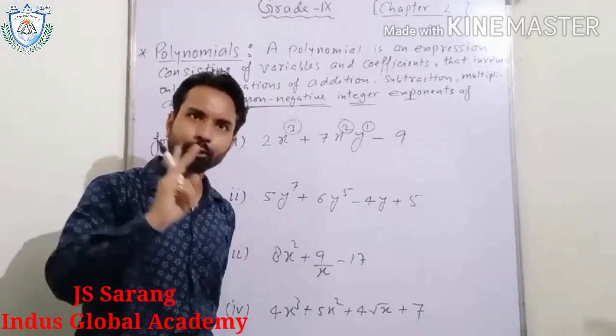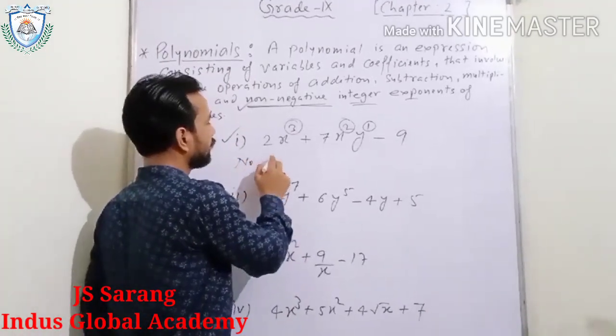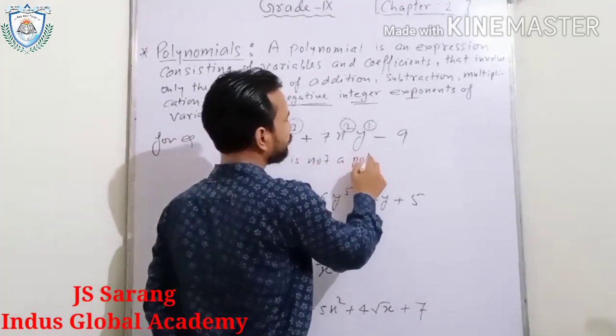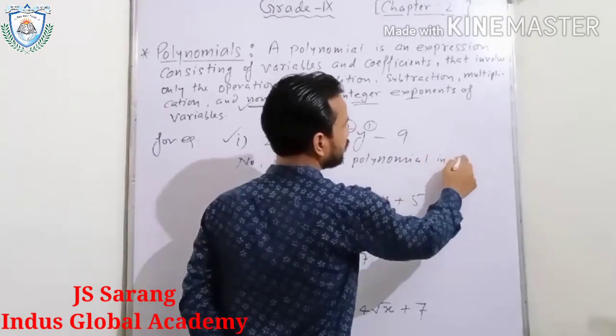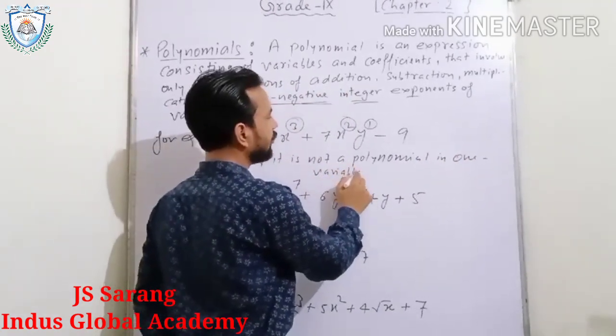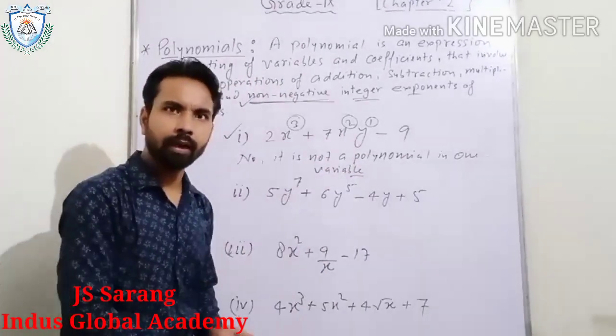So there are two variables. So you have to write, no, it is not a polynomial in one variable. Why? Because two variables are here, x and y.